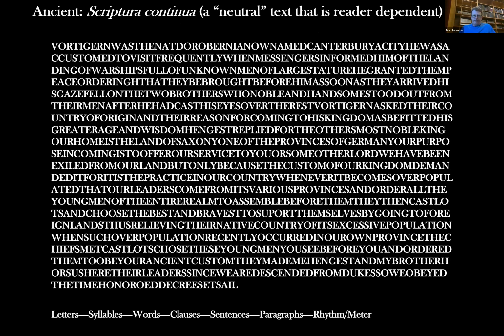What I have up here is actually just a modern version of scriptura continua that I threw together from an English translation of Geoffrey of Monmouth's History of the Kings of Britain. And if you get a chance, or if you're so inclined, pause this lecture here or at any point after I'm done talking about this particular slide and see if you can work your way through what this manuscript actually says.